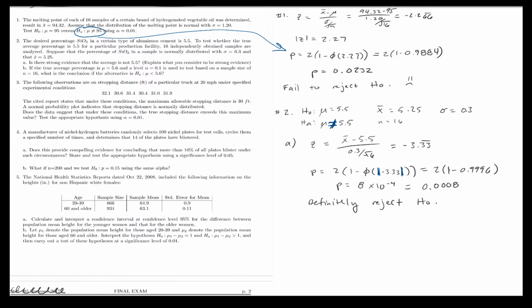Just kind of highlight that in blue here. So, in my opinion, p less than 0.01 is strong evidence.